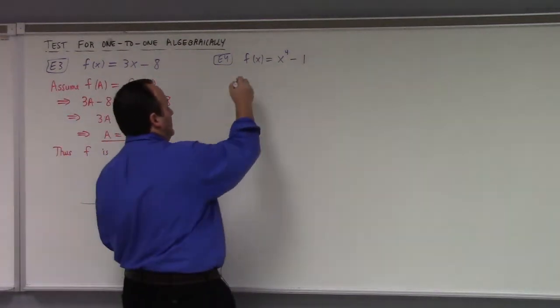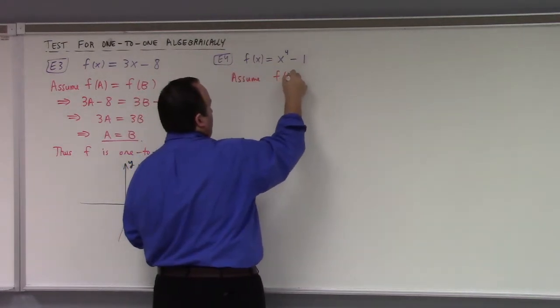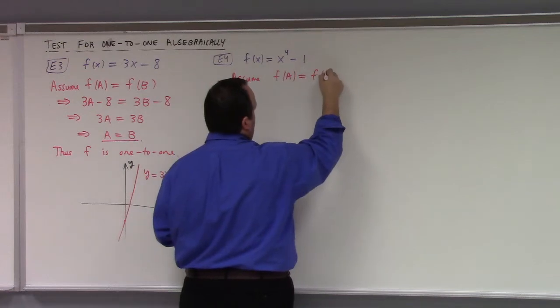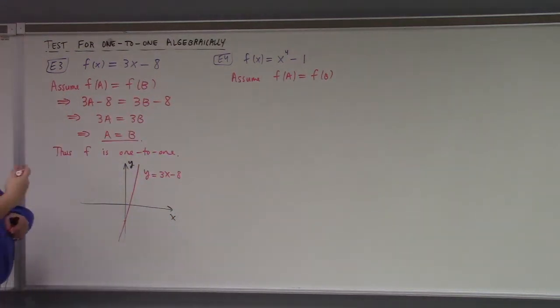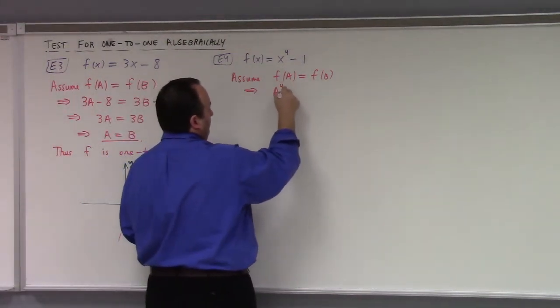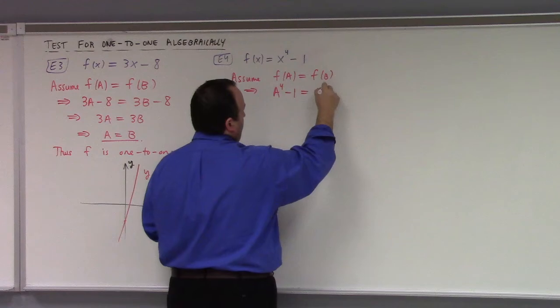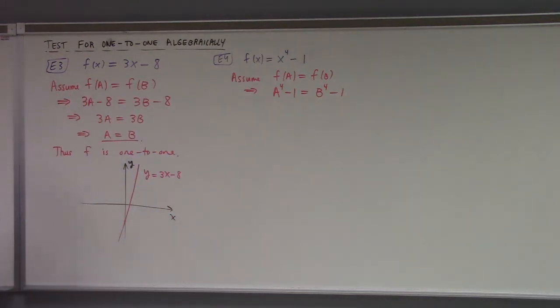So we assume f of a equals f of b. All right, what does that give me? That gives me that a to the 4th minus 1 equals b to the 4th minus 1. And then what can I do? Add 1 to both sides, right?